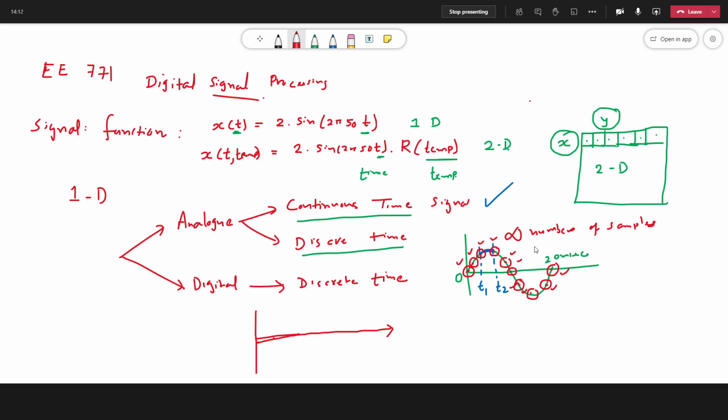These samples are generally taken at a regular rate called Ts, the sampling duration, which is the inverse of the sampling frequency Fs. And as the signal is defined at several distinct moments of time only, it is called a discrete signal.